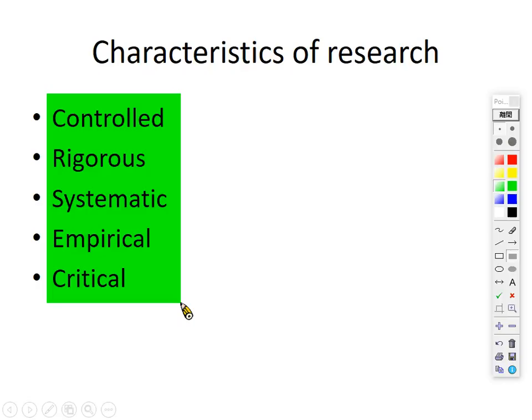And the fourth one is empirical. Empirical refers to that we do research for empirical purposes, for practical reasons, and we have to collect evidence. We are not talking about philosophy. We do not ask questions like, what is the relationship between stars and my life?